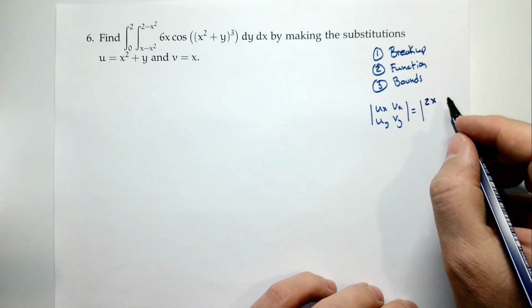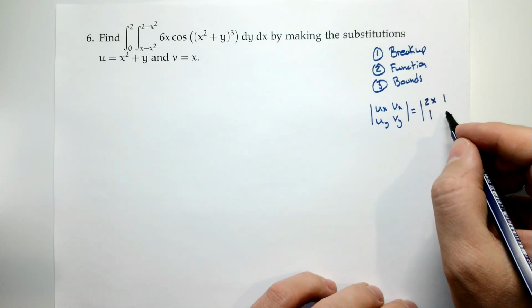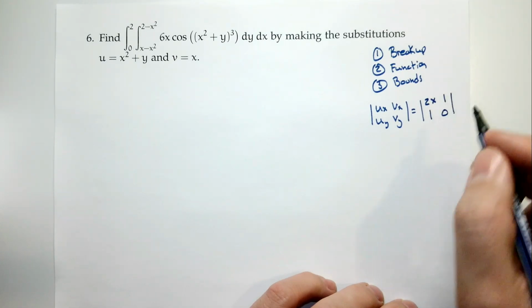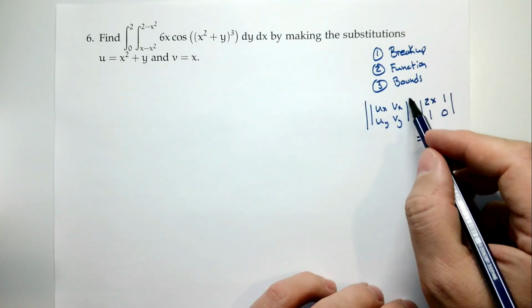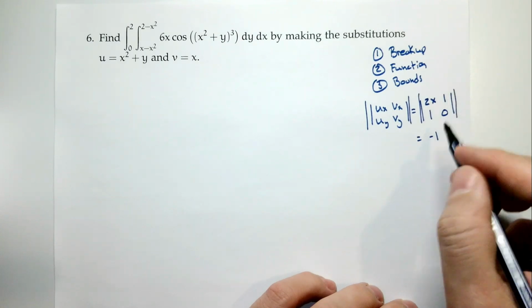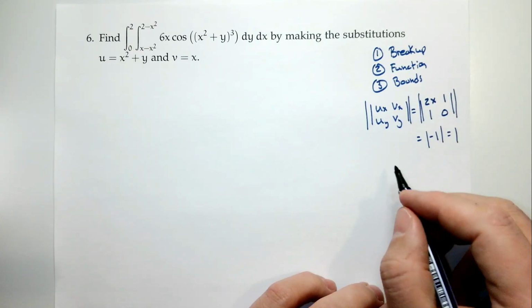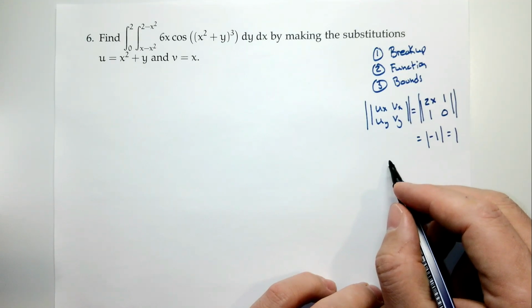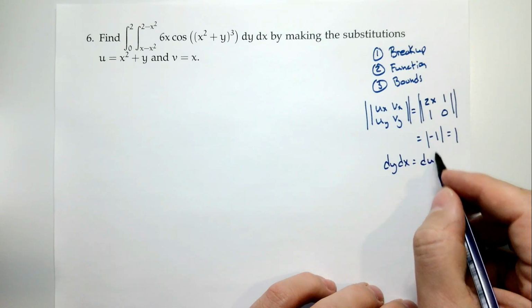V sub x, 1. U sub y, 1. V sub y, 0. So take that, it's negative 1. But of course, now we say, aha, we really meant to say an absolute value all the time, so we get 1. So what that tells us is that our dy dx is equal to du dv.